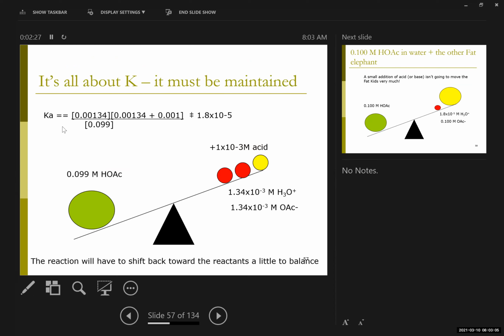If I have just acetic acid, I have a small amount of hydronium and a small amount of acetate. And so if I were to throw another acid or base into the mix, which we'll do in a little bit, it's easy to swing that equilibrium. Or more specifically, it's easy to change the pH.